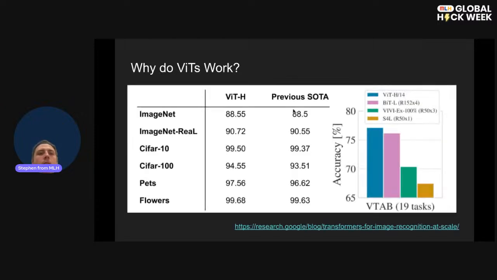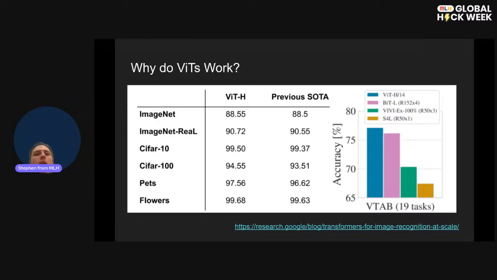Okay, and so let's just take a look at this graph from the blog post from the Google Brain team, where they compare the results of ViT-H, which is their high model, their pro model for ViT, and they compare it against the previous state of the art on various data sets.